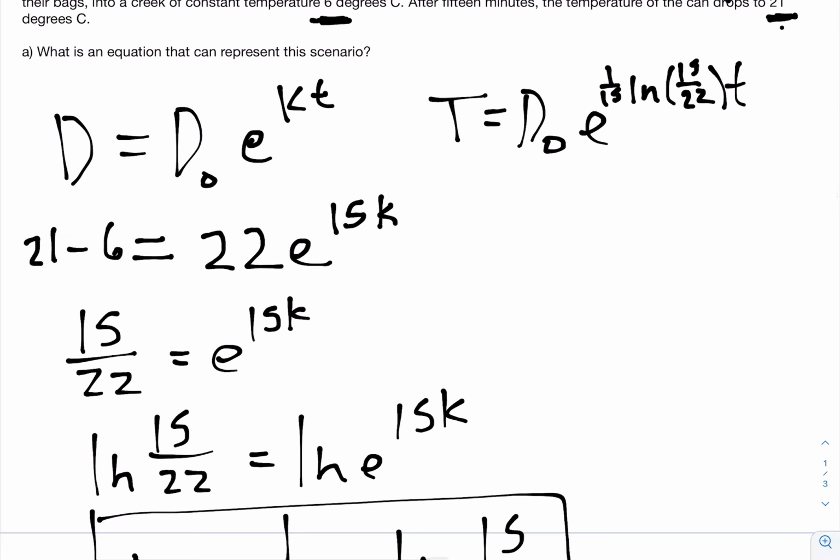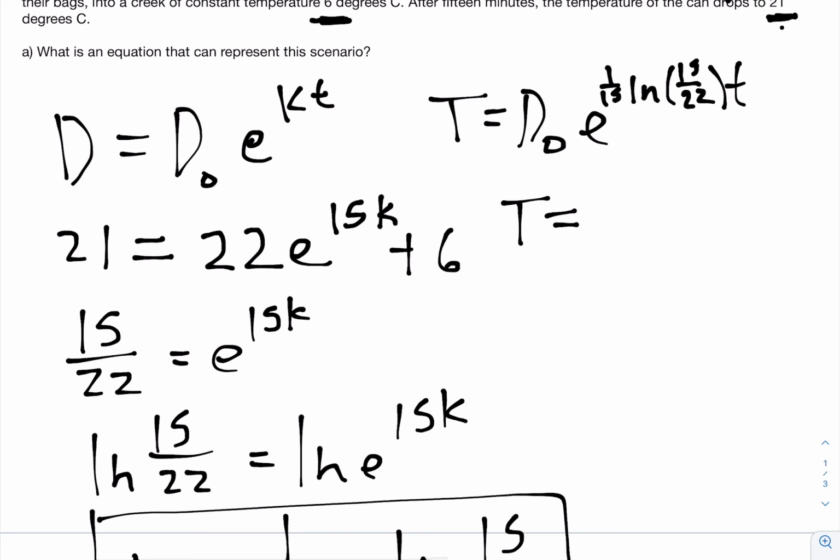If we add 6 on both sides, if we add 6 here and add 6 to negative 6, we're just left with 21 equals 22 e to the power 15k plus 6. So instead of d, I'm going to transfer it into t here. So the temperature, in this case, that's the 21 on the left. The temperature is equal to the initial difference here.